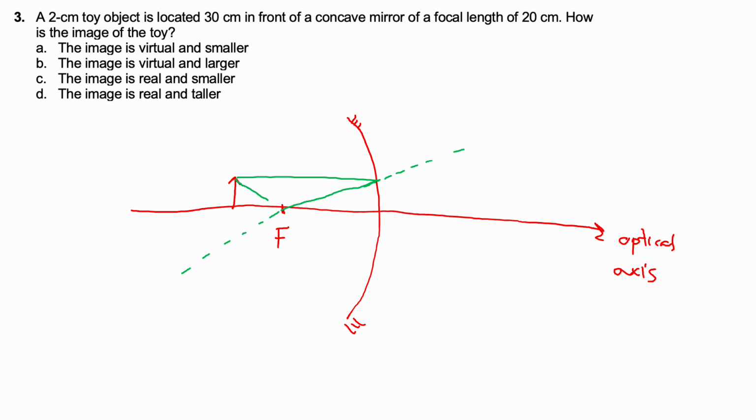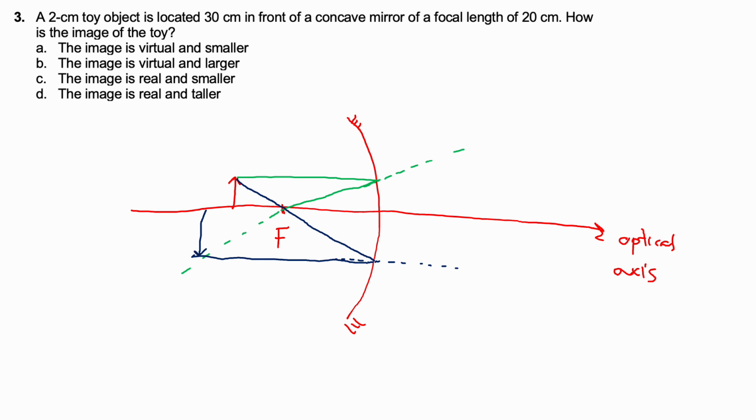I wanted to change the color. The other ray is the one that passes through the focus, meets the mirror, and then goes parallel to the optical axis. So as you can see, this is gonna be the image.